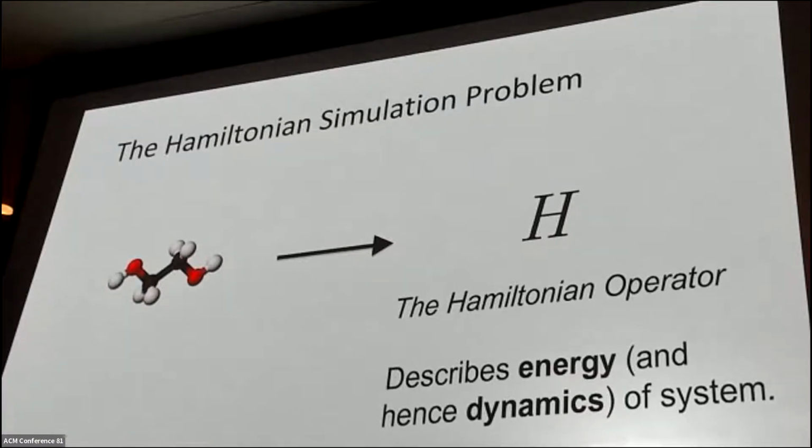The Hamiltonian is the quantum mechanical operator which represents the energies describing the system's behavior. For example, it will represent all of the atoms in a molecule and all of the forces between them. And if we can write down that Hamiltonian, in principle, we can simulate it.